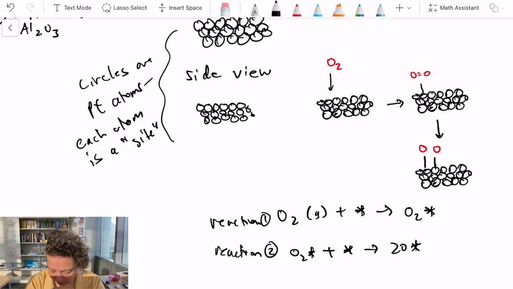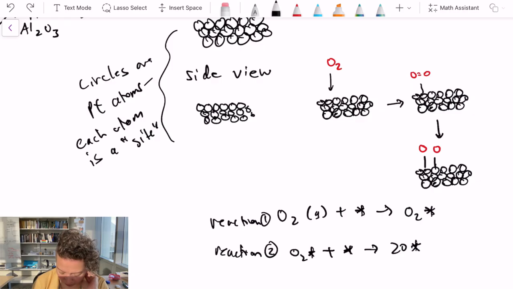I'm going to explain this notation in just one second, but what we see here is that this platinum atom, where this oxygen adsorbed, acted like a catalyst by dissociating the oxygen molecule. So that atom is a catalyst site. It is a place where part of an oxidation reaction happened.